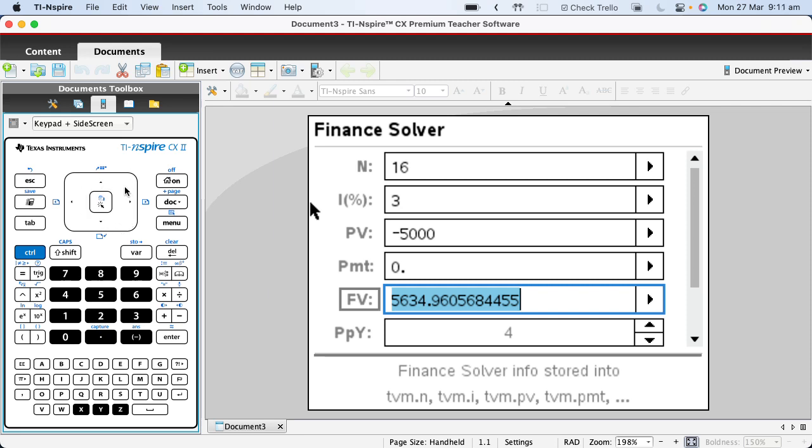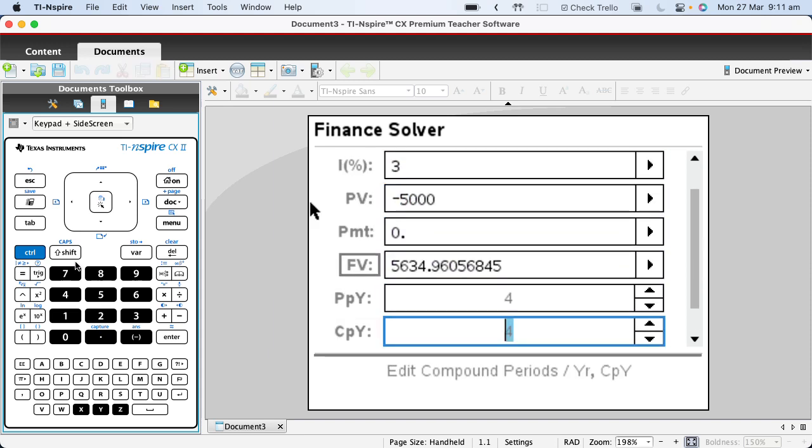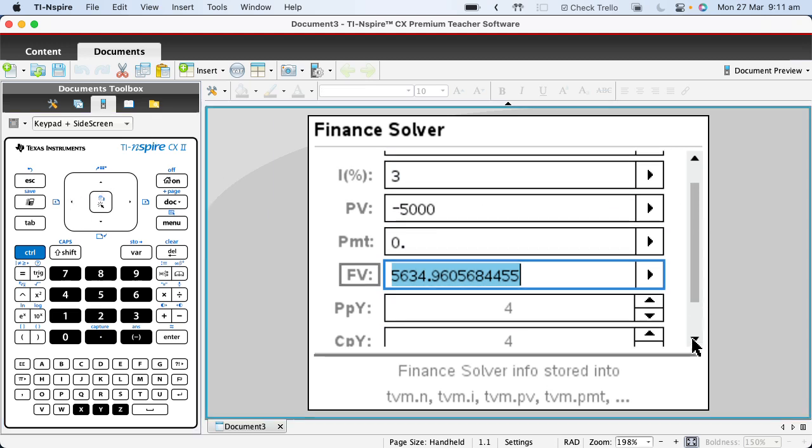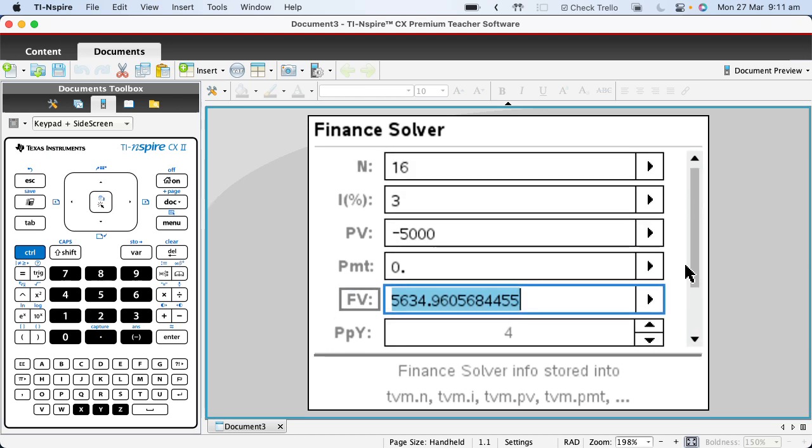So I tend to get used to using the numbers to move between the menus and then using tab and enter to go. I'm pressing the tab key right now to go between things. So even though your trackpad will do the same thing and you can use your trackpad to scroll down here, I find it quite painful on the actual graphics display calculator itself.